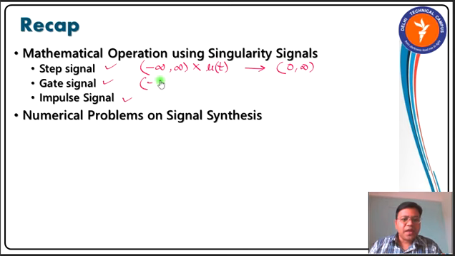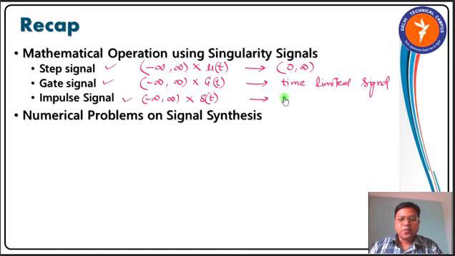Similarly, if we multiply any signal ranging from -infinity to infinity with the gate signal, then this will confine the signal into a time limited signal. And similarly, if we multiply any signal ranging from -infinity to infinity with the impulse signal, then the resultant would be a new impulse signal.